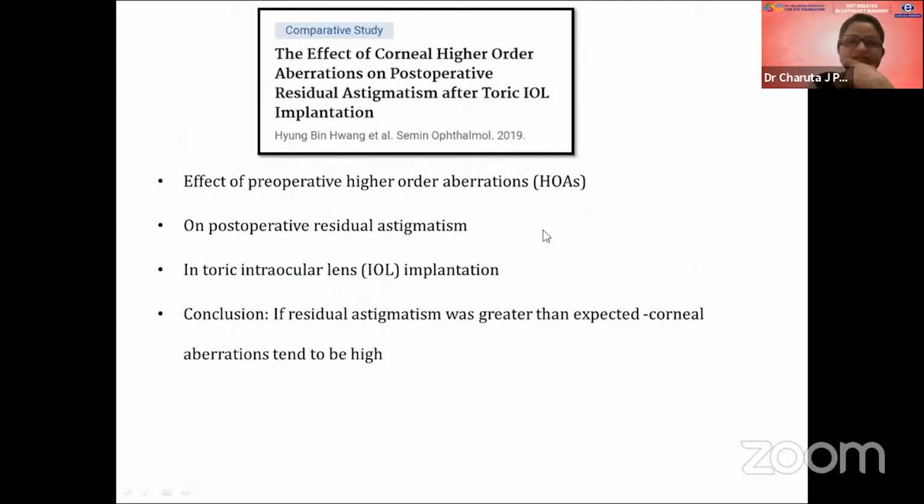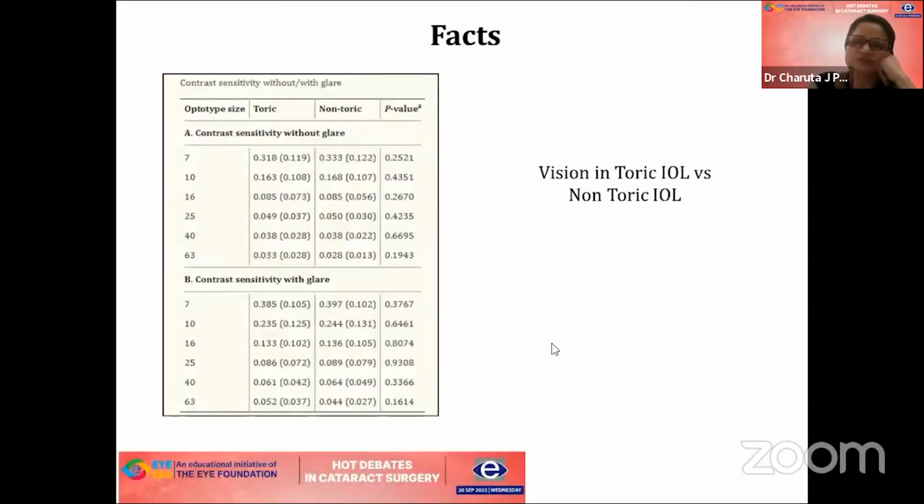Now, if we again see what happens if you make a mistake, if there is a slight rotation or if there is a slight error in calculation, what happens? Residual astigmatism, if it is greater than expected, then aberrations tend to be higher. So this patient is obviously going to be intolerant to higher order aberrations already from the beginning, and you are also subjecting him to a probable increase in the HOA.